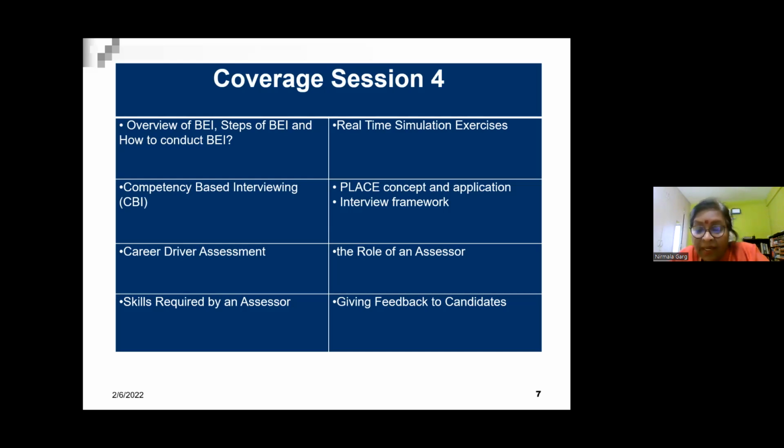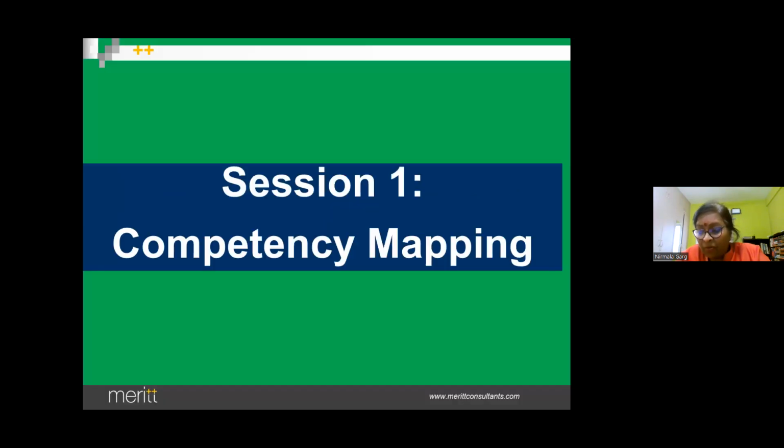So that covers the entire competency mapping, development centers, and competency dictionary, etc. Okay, so I think combined, it takes care of all the expectations of all the participants. Have I left out anything, guys? Anything which we have left out? I think typically it takes into consideration all the participants' expectations, right?